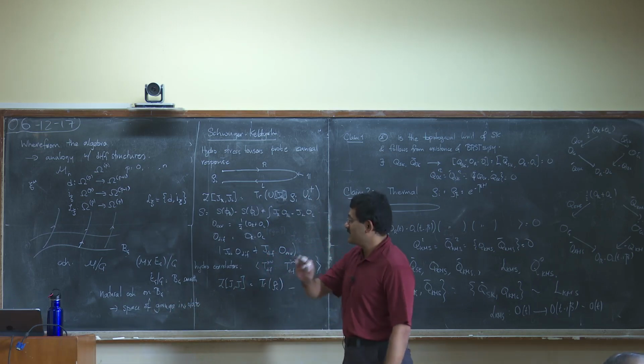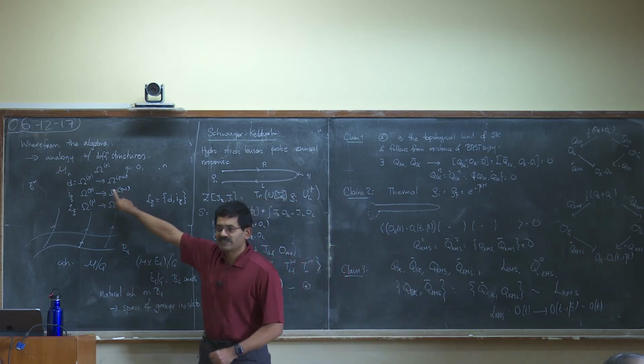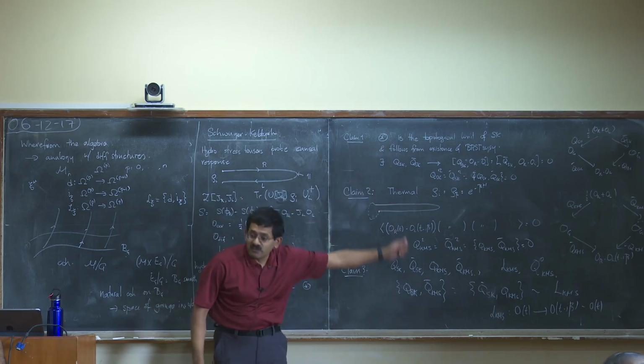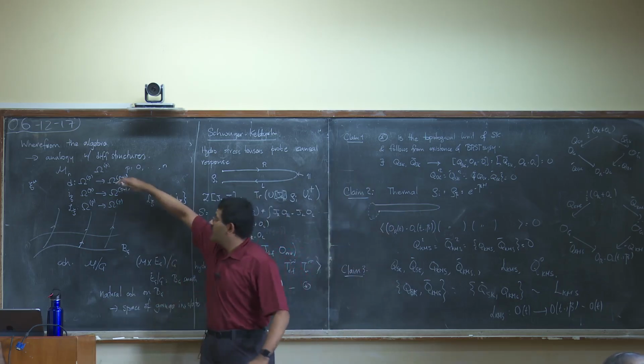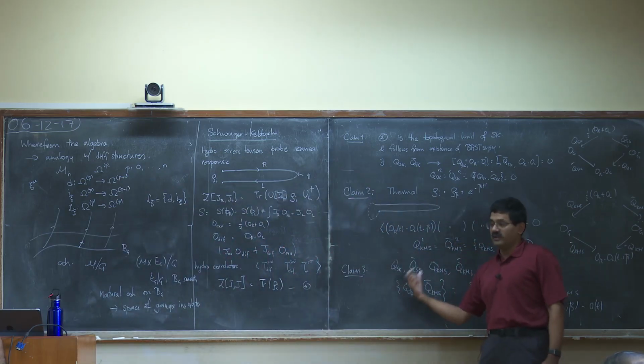In fact, it's a very precise analogy in the following sense. It's a sort of baby version of this, because this is the N equals 2 topologically twisted theory. I'm going to take this and make it the N equals 4 topologically twisted theory. And d and d bar become Q_SK and Q bar_SK.